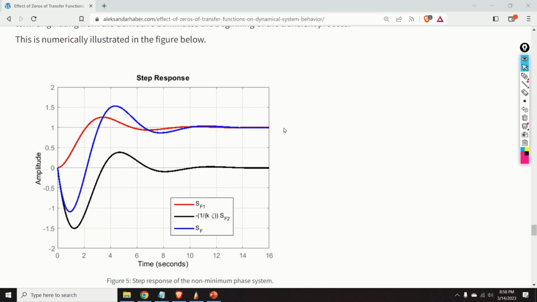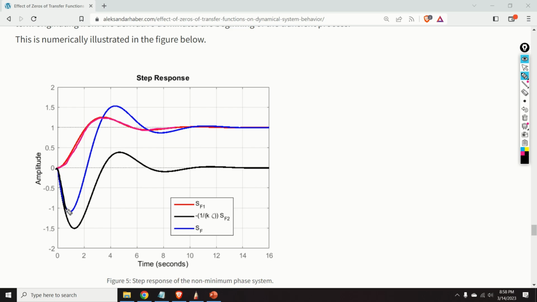So once we simulate the step response, we will obtain this graph over here. The red line is the response of the system without the zero. We can see a nice damped response of the system. The black line is the response due to the zero.